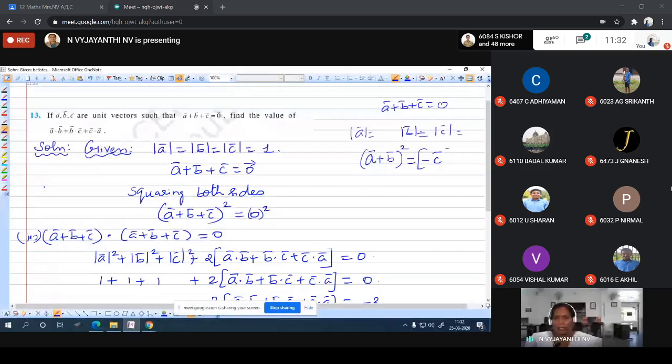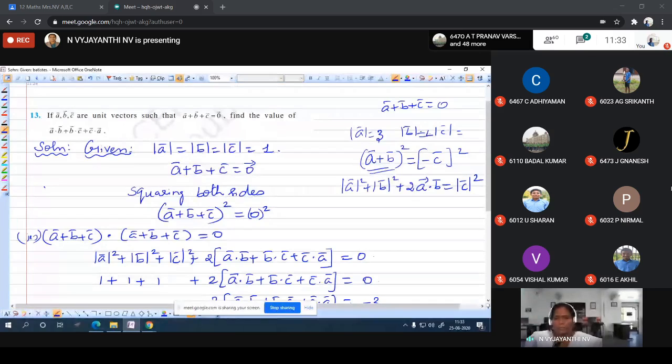Here you'll get A plus B the whole square, which is modulus of A square plus modulus of B square plus 2 times A dot B, equal to modulus of C square. Understood? Now let modulus of A be 3, modulus of B be 4, and modulus of C be 2.